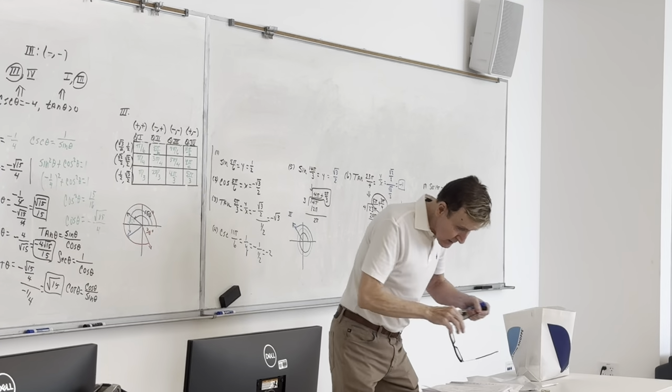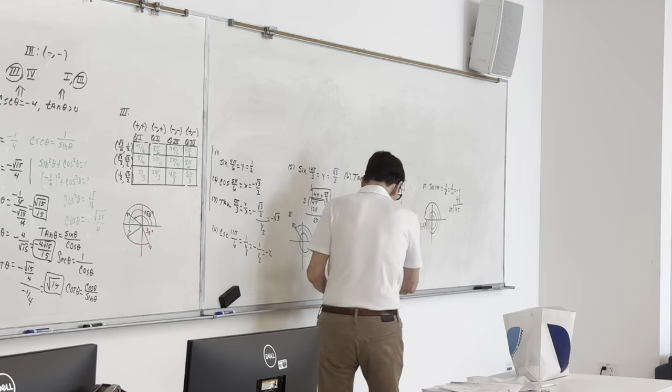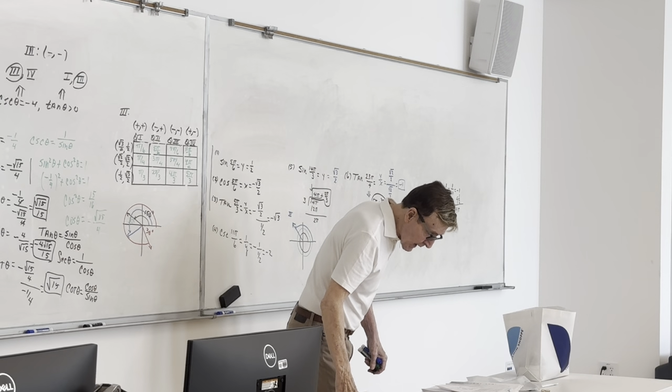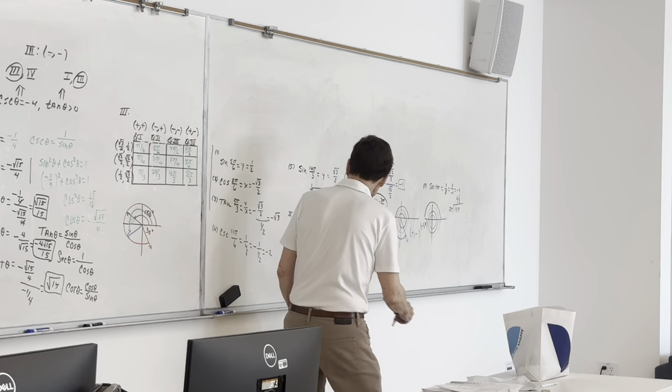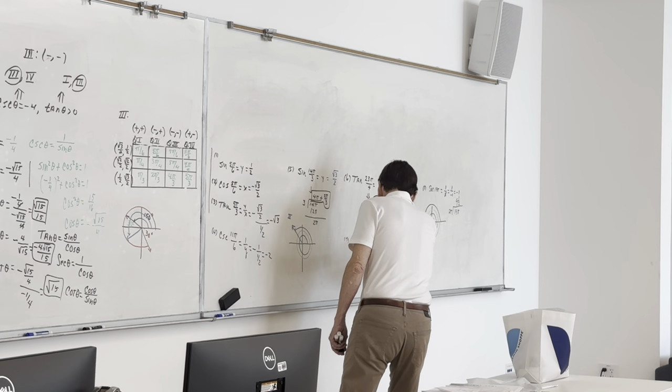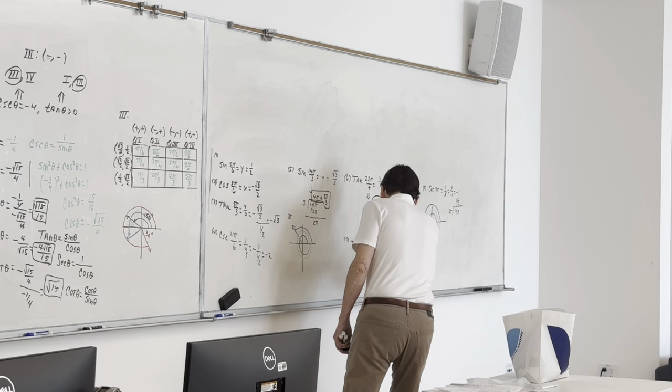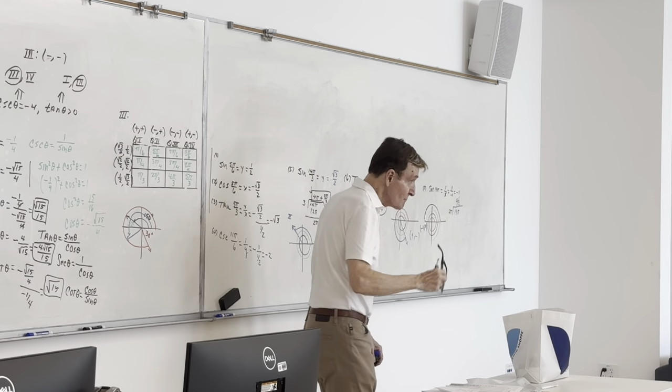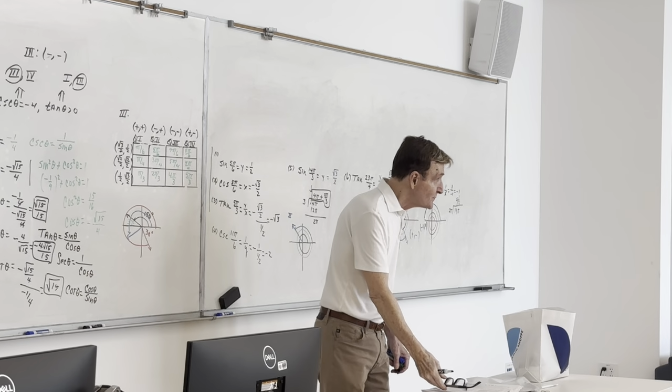Here we go. Last one, number 7. We'll try tan. This one says find the tan of 5 pi over 2. Not in the table.